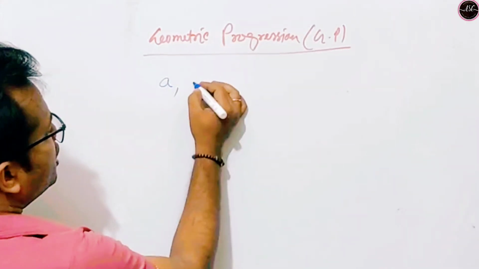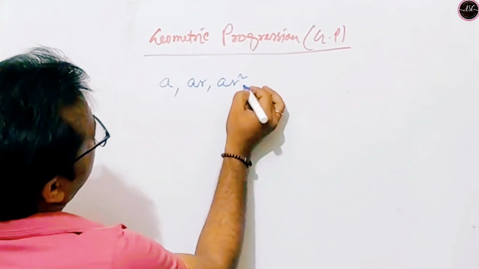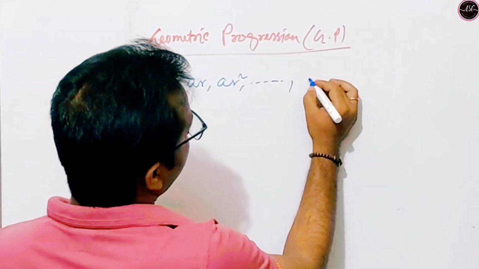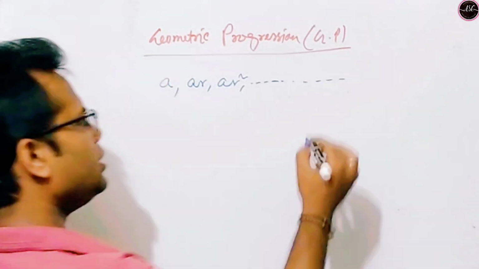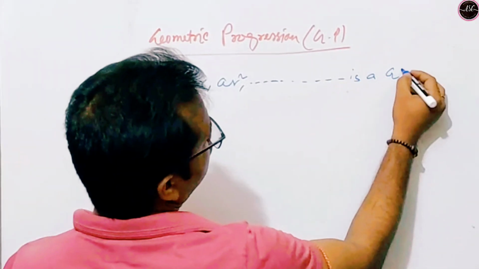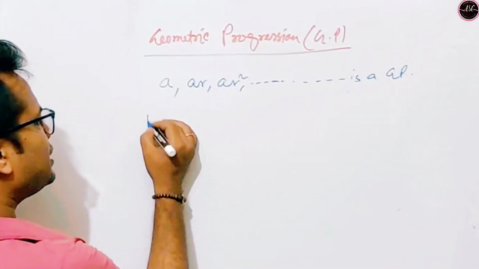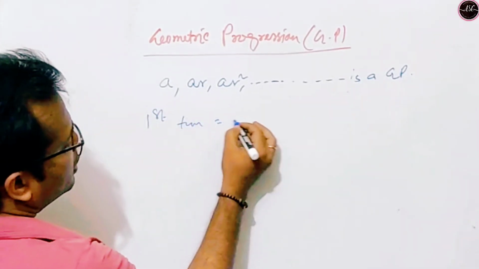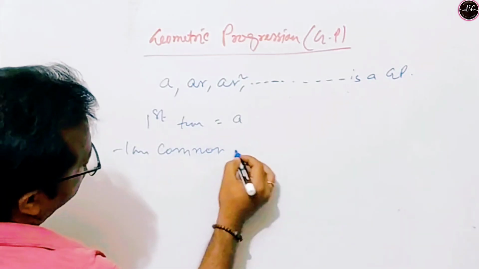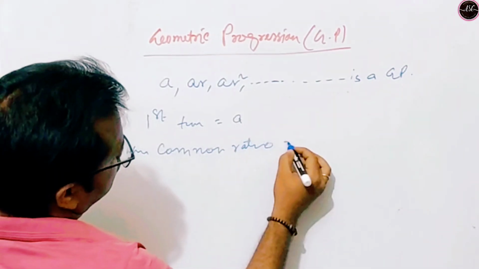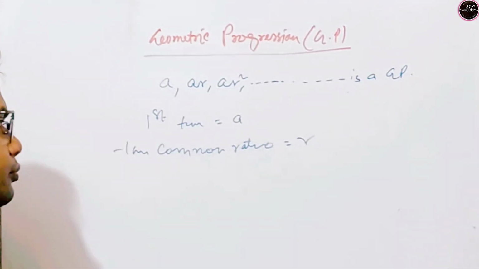Okay, let's take a GP: a, ar, ar square, up to infinity, is a GP, where the first term is a and the common ratio equals r.